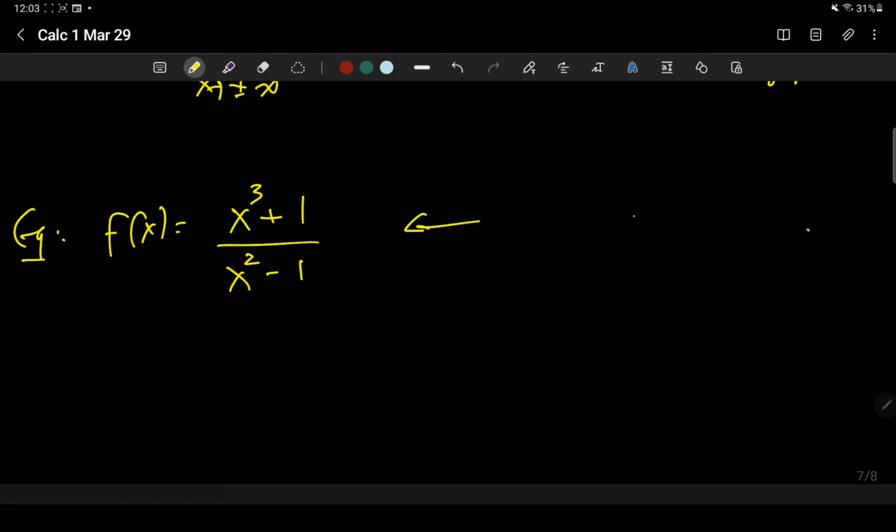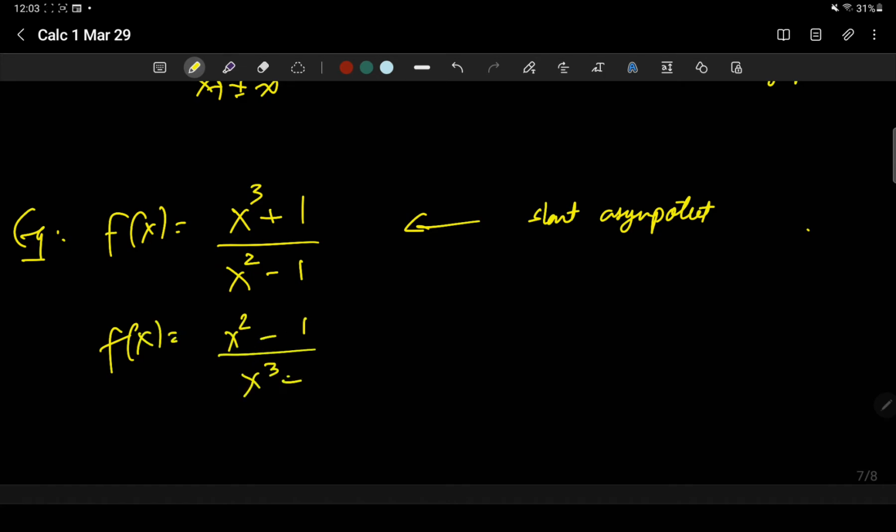If you have the other way around, then as x gets larger, the denominator gets much larger. So y equals 0 is a horizontal asymptote in this case.